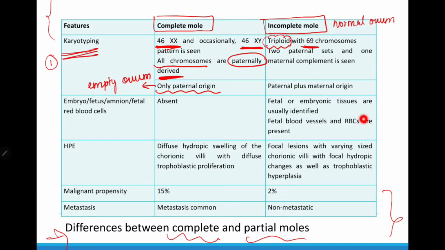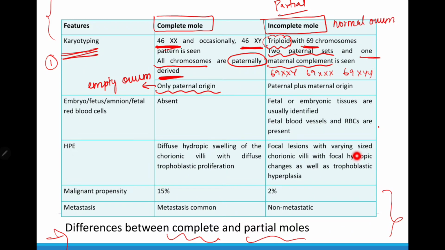So there are 3 kinds of possibilities: either 69XXY, 69XXX, or 69XYY. This triploid with 69 chromosomes is nothing but the karyotyping of partial mole. So 2 paternal sets and 1 maternal complement is seen.